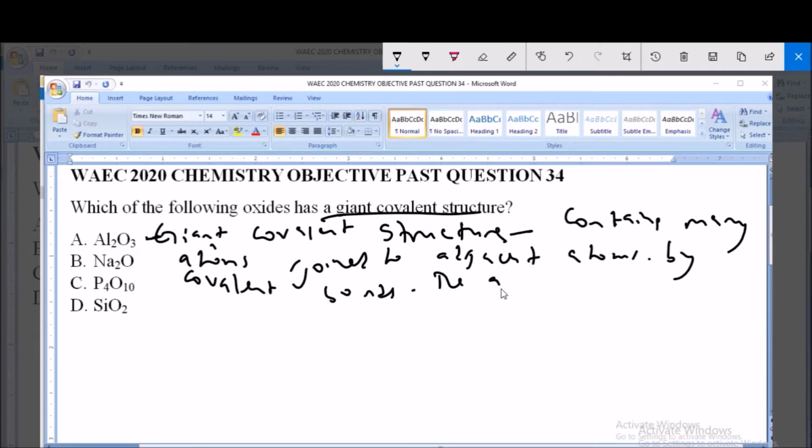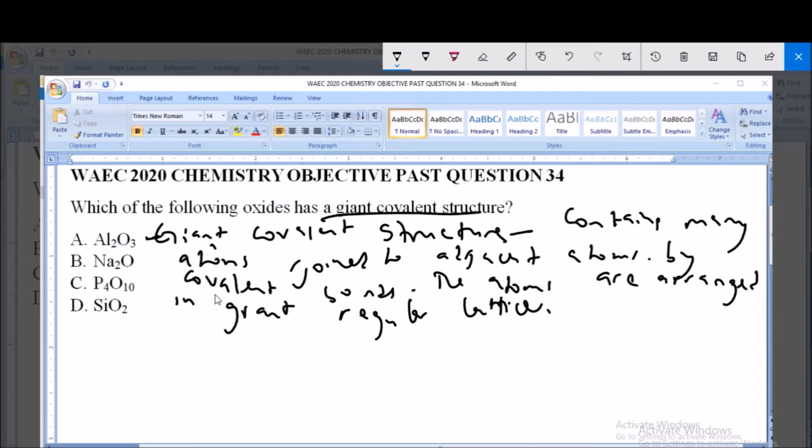So the atoms are arranged in giant regular lattices. So let's look at each of the structures of the options given to us and then see which one can be described as a giant covalent structure.